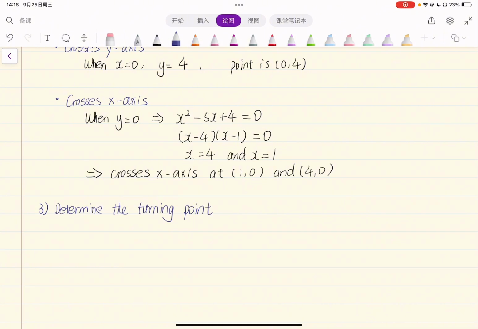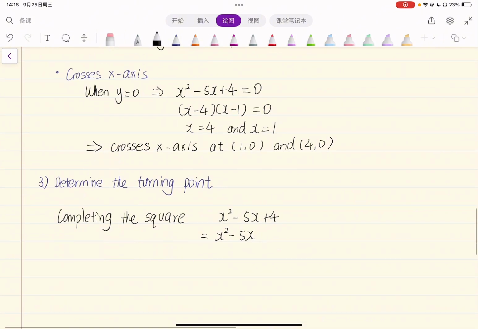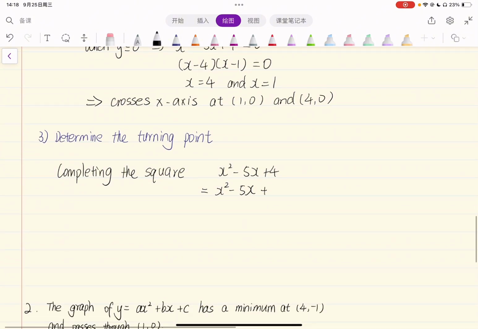What we need to do is completing the square. We have x squared minus 5x plus 4 equals x minus 5 over 2 squared minus 5 over 2 squared plus 4.